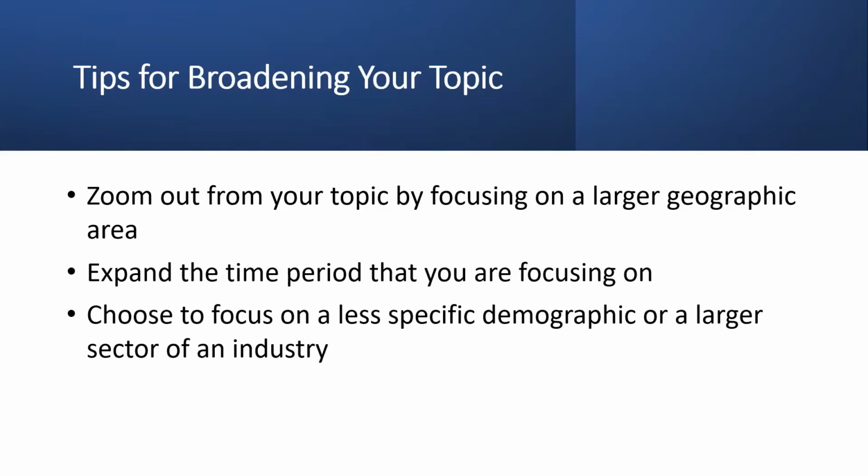You can instead zoom out from your topic and focus on a larger geographic area. You could look at the whole state of Ohio or even the United States. You could expand the time period that you're focusing on. Instead, you could look at a less specific demographic or a larger sector of an industry. These are ways that you can broaden your topic if you're finding that you have honed in too much and can't find materials that are written about it.